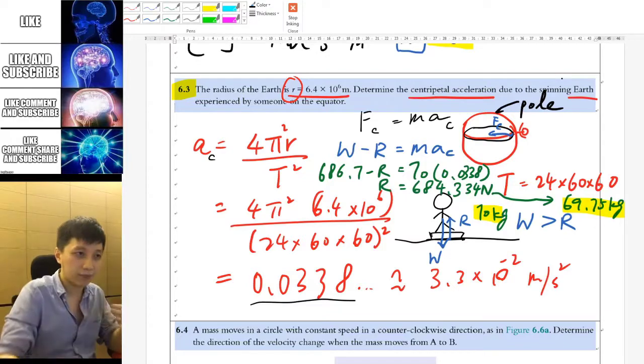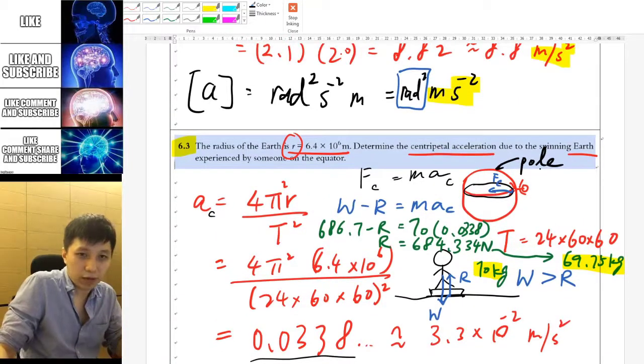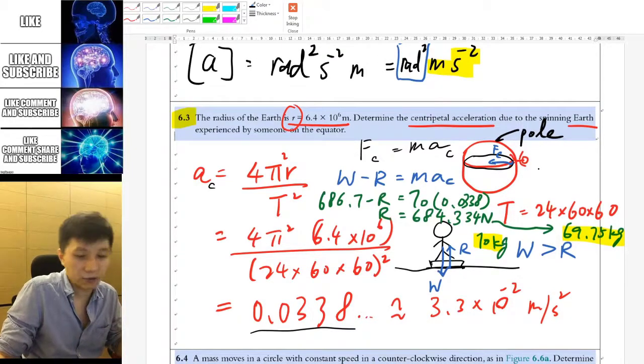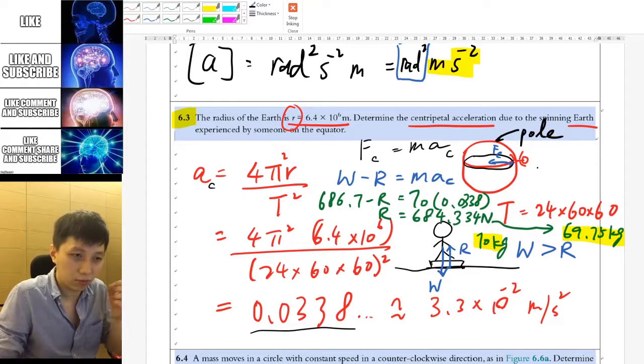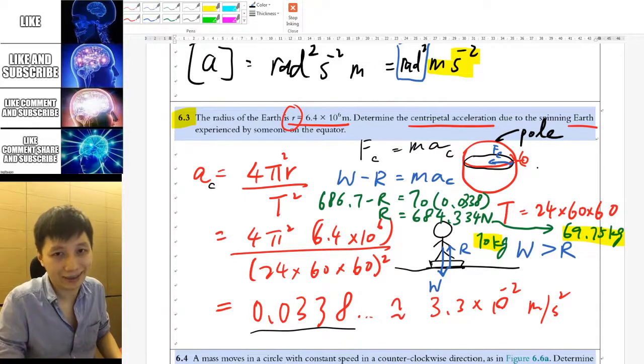If you are on the axis. So in that case, nothing will happen. That would simply be reading how it should be, and so the electronic balance should read 70 kg exactly.